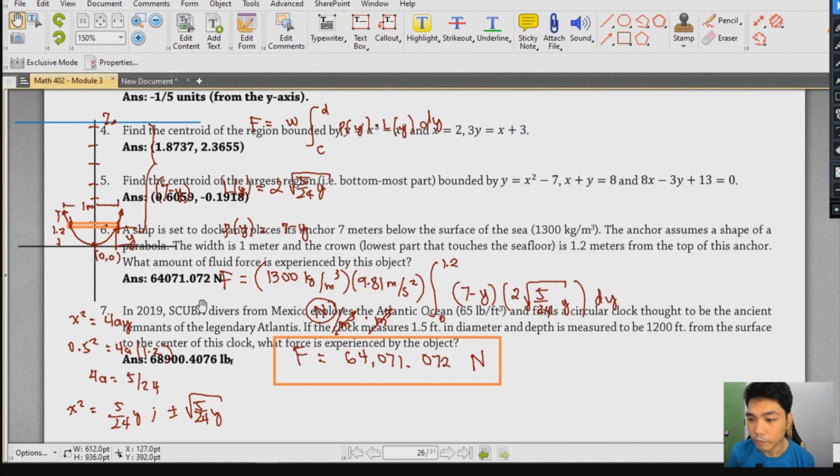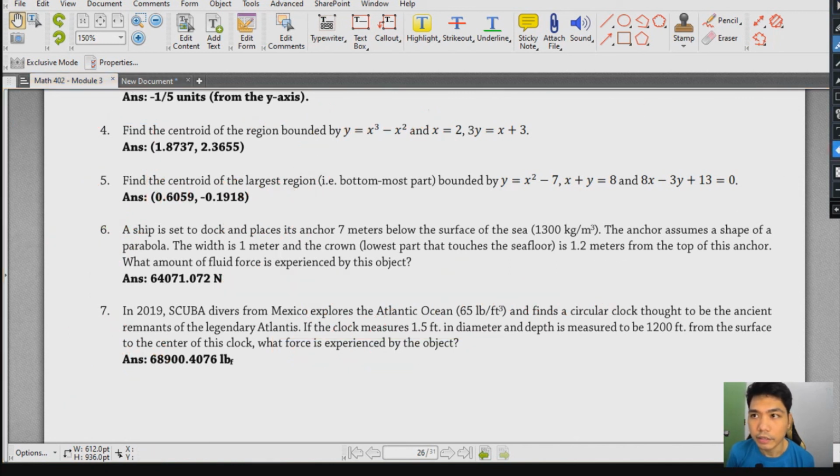And that's the same concept for number 7. You'll be looking at number 7. It says here that there's a clock, because there was some kind of Atlantic Ocean exploration, and they saw a clock right there, about 1,200 feet below the surface level.